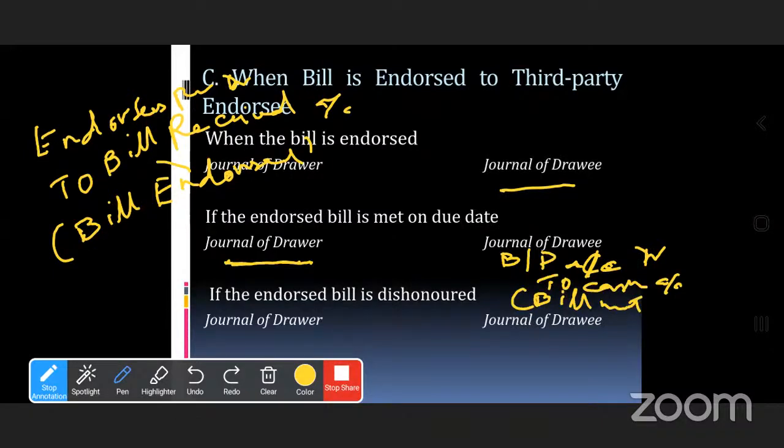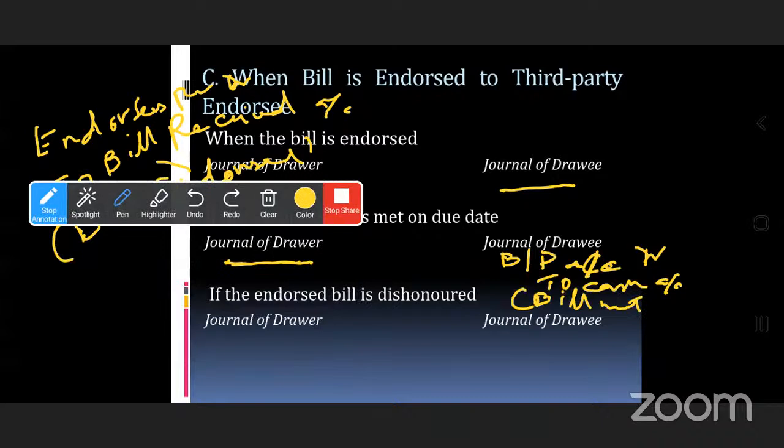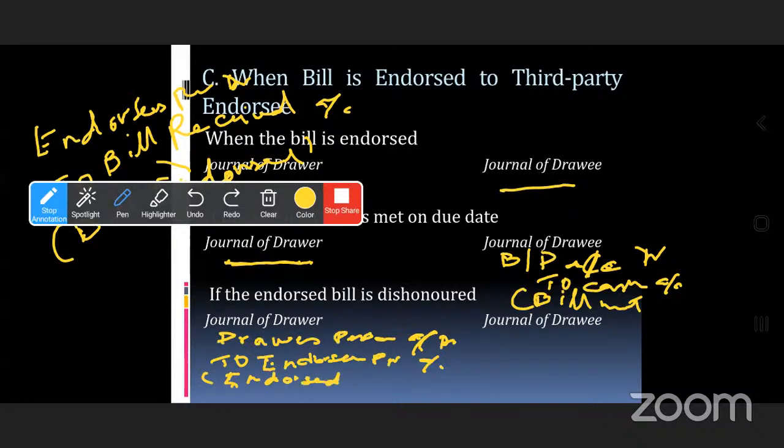Here we will be writing in the books of the drawer: drawee's personal account debtor to endorsee's personal account, that is, endorsed bill dishonored.